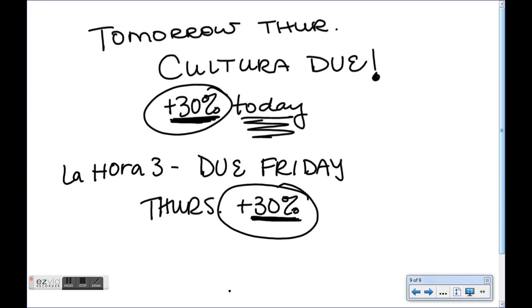And then you can work on La Hora Tres, the time practice 3. If you have extra time, you need to go back, go over your time notes, your time vocabulary, your calendar notes and calendar vocabulary and practice those. I suggest that you make yourself some note cards to study from because you will have quizzes coming up next week.